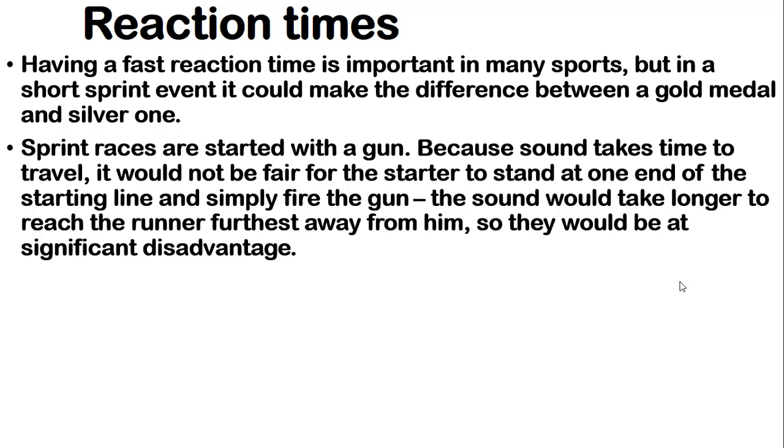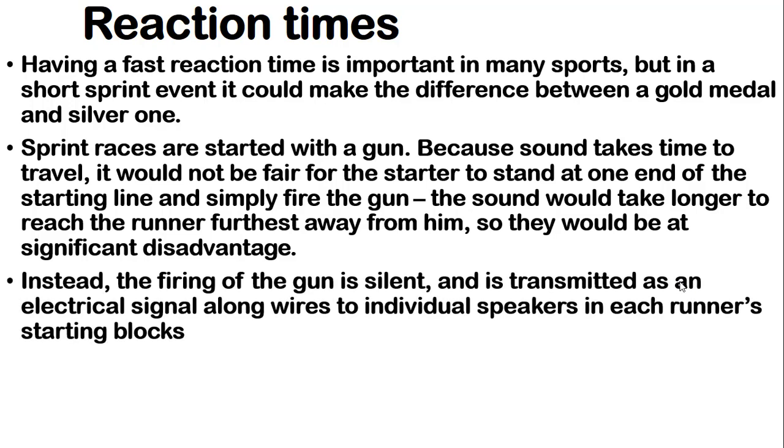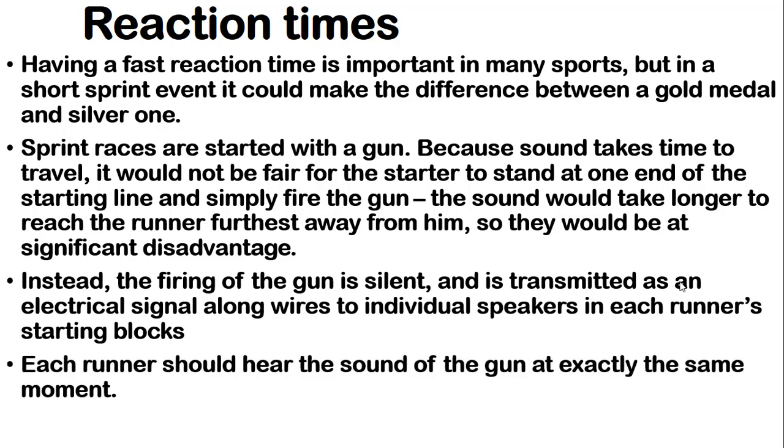The sound would take longer to reach the runner furthest away from him, so there would be a significant disadvantage. Instead, the firing of the gun is silent and is transmitted as an electrical signal along wire to individual speakers in each runner's starting blocks. Each runner should hear the sound of the gun at exactly the same moment.